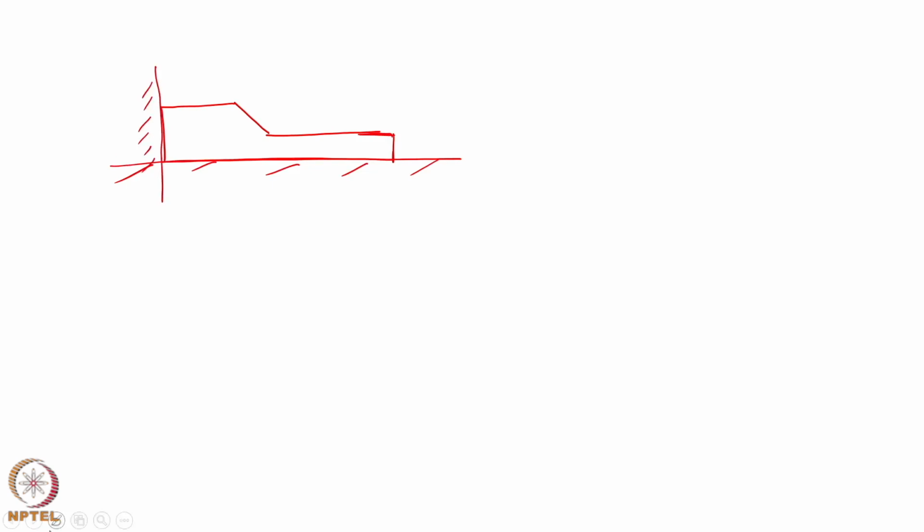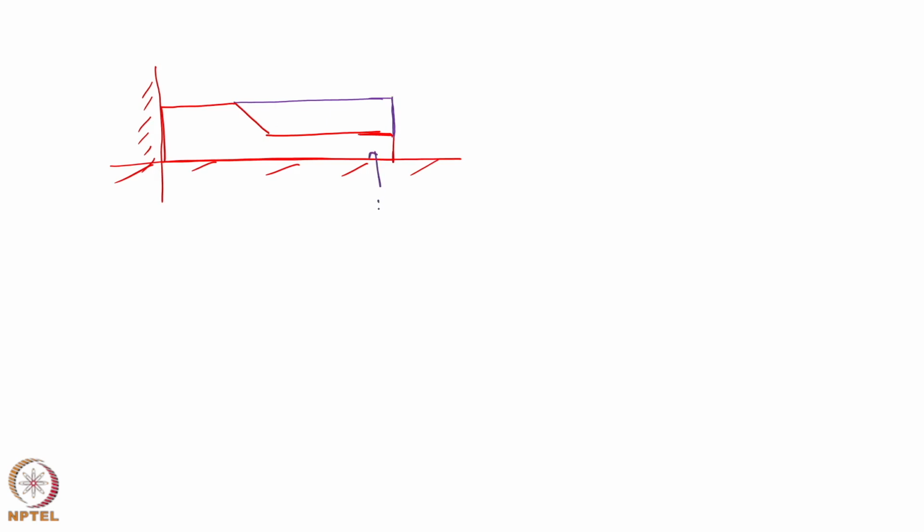Let us take ahead the example of wood and cake. I have consulted a carpenter and I have created this kind of a piece of wood and I have kept it on a horizontal surface, and on the other side, this side is a vertical wall. And now here I have put either cake or any soft material or say clay material.